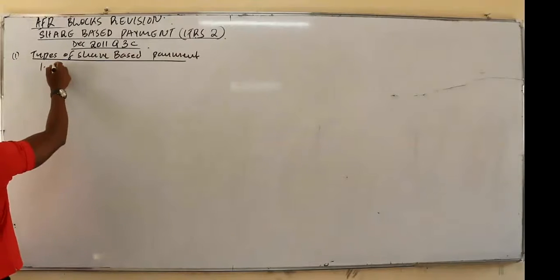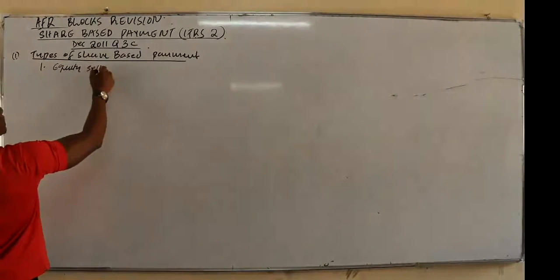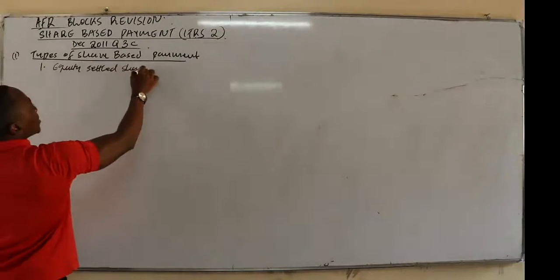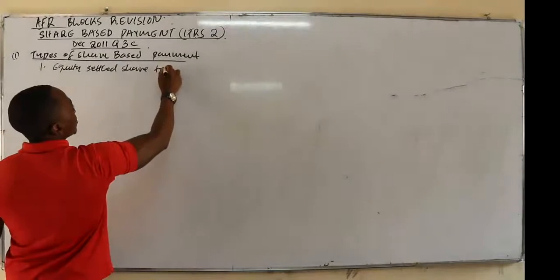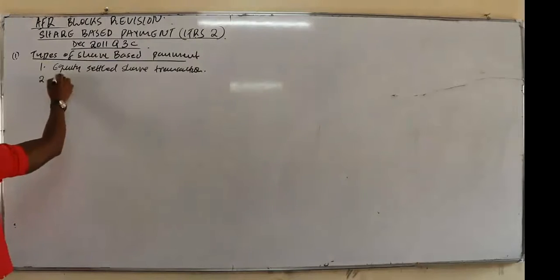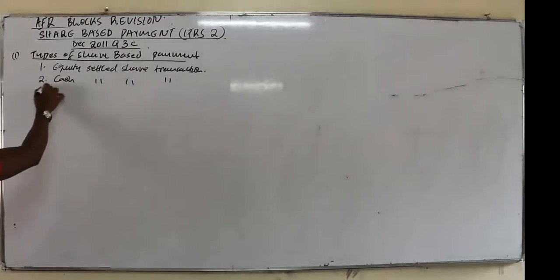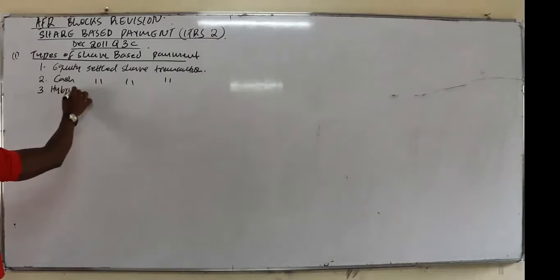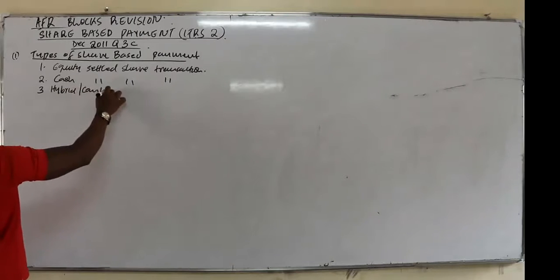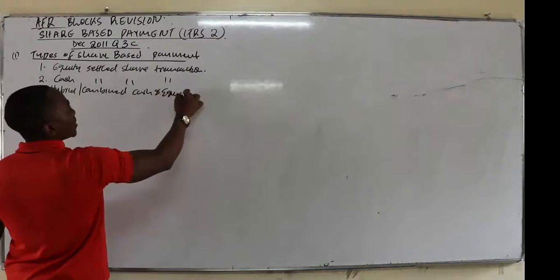One, we have what we call equity settled share transaction. Number 2, we have cash settled share transaction. And number 3, we have the hybrid or combined cash and equity.